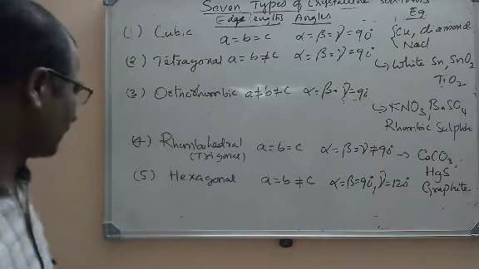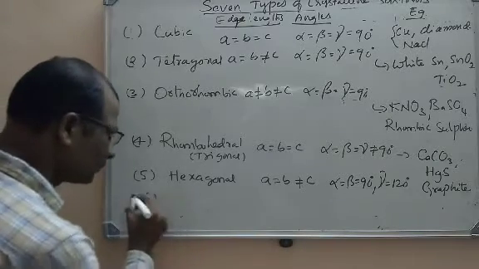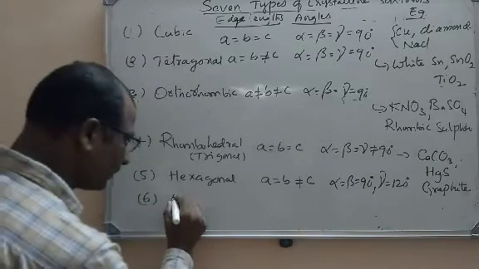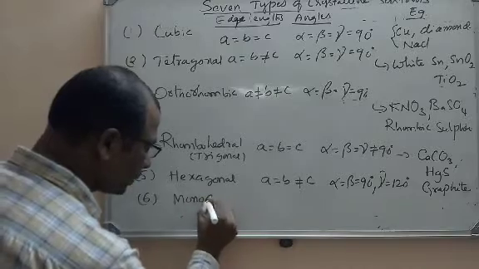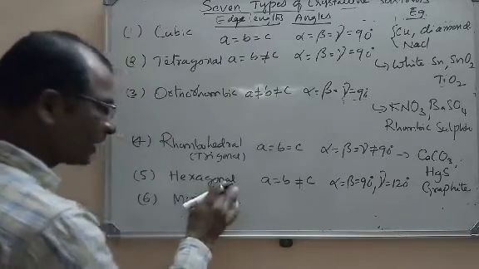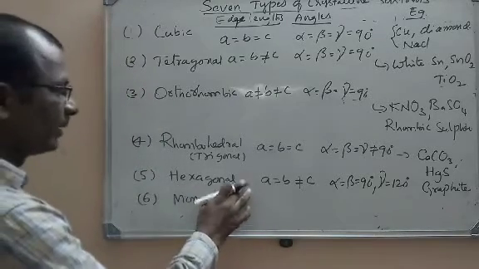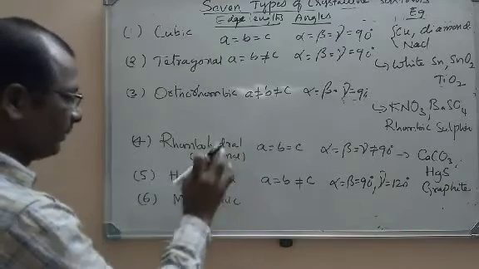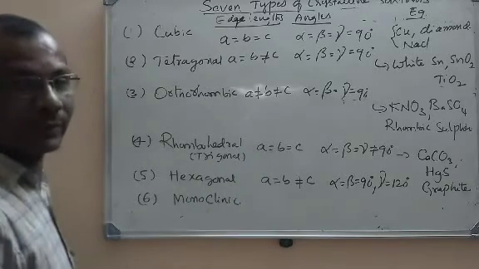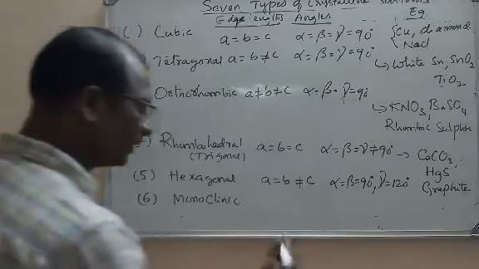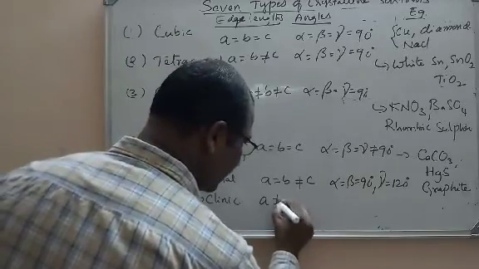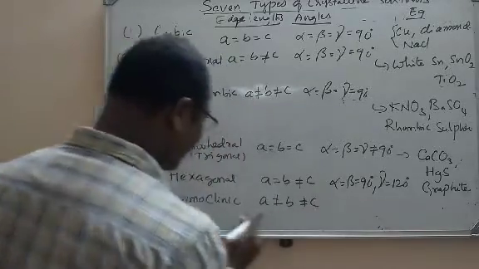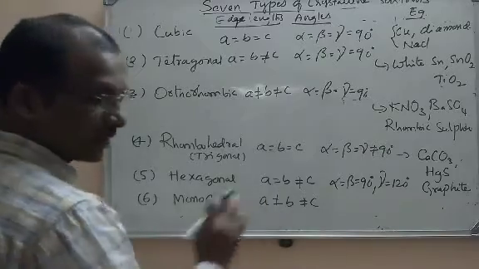Let us go for the next one, monoclinic. You know, in hexagonal only the primitive form is available. In rhombohedral the primitive form is available. In monoclinic we have 2 forms, primitive and end centered. Firstly I will tell you A is not equal to B is not equal to C. Here all the 3 are not equal.